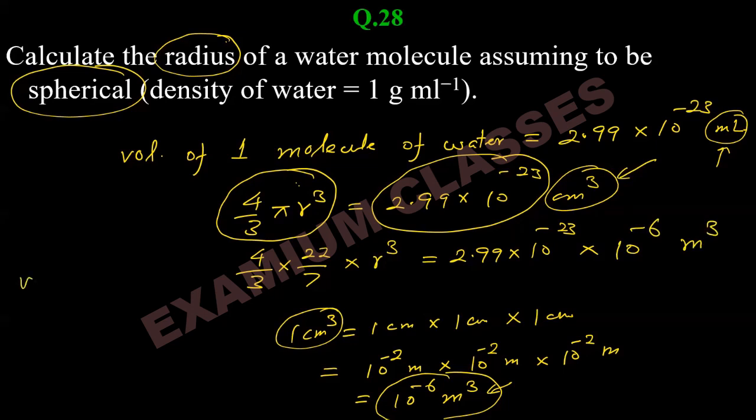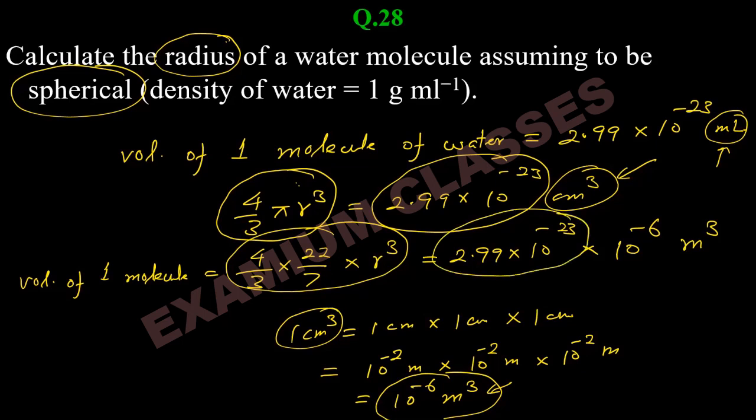So the volume of one molecule will be equal to 4 by 3 pi r cube if the radius is r. And in the previous question, we calculated 2.99 into 10 power minus 23. So we substituted that one. It is equal to this much, but we converted it into meter cube, so we multiplied it by 10 to the power minus 6.